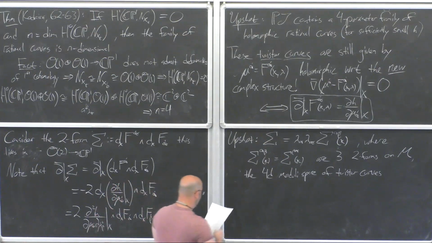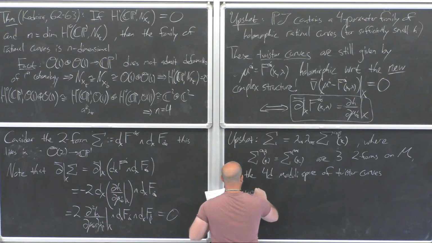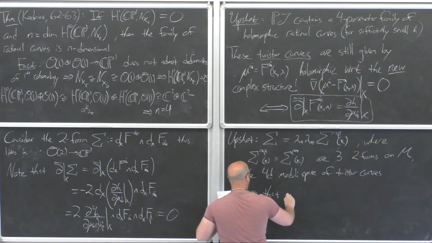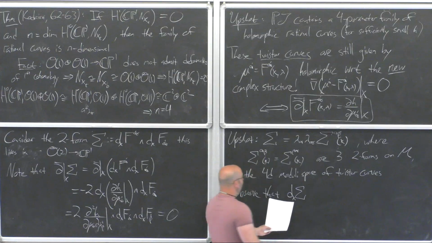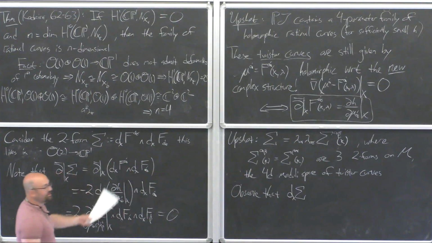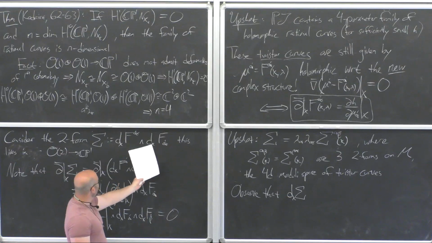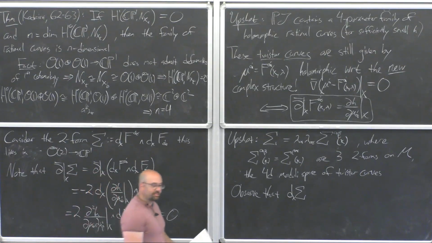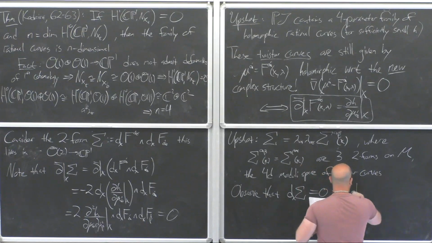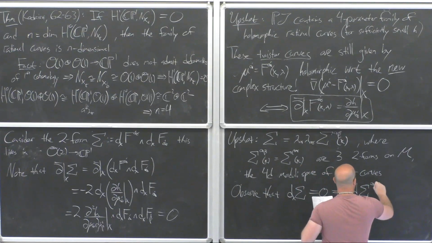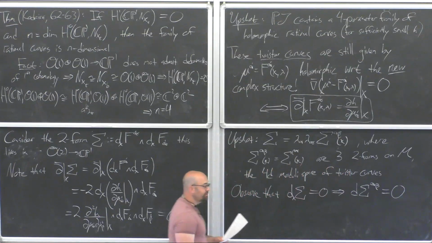So then, now observe that if I take an exterior derivative of the two form I started out with up here, sigma, that's automatically 0 because each of the things I've wedged together is exact. And that immediately implies that d of this triplet of two forms is 0.